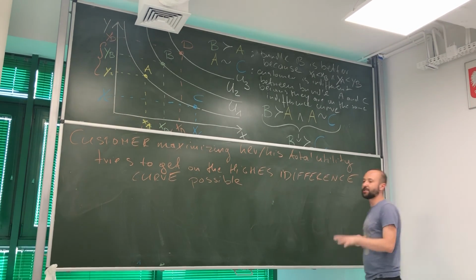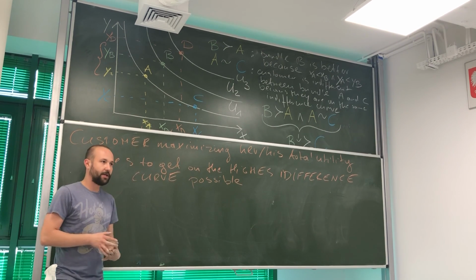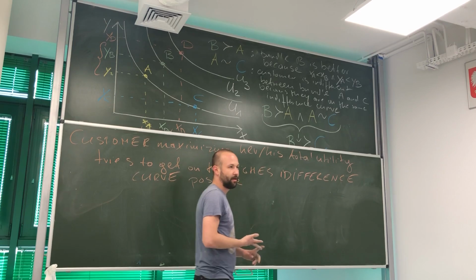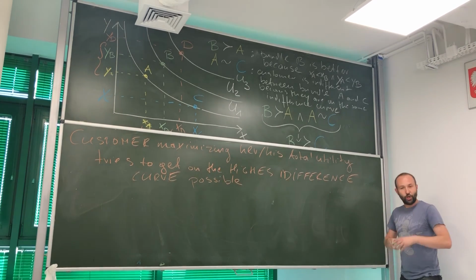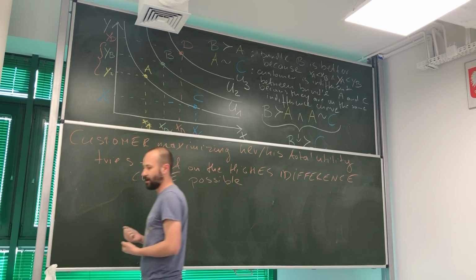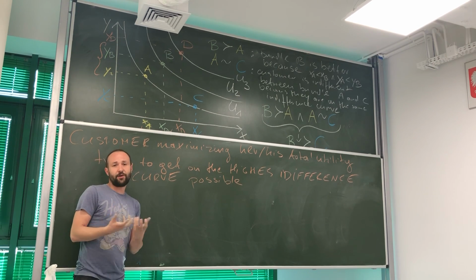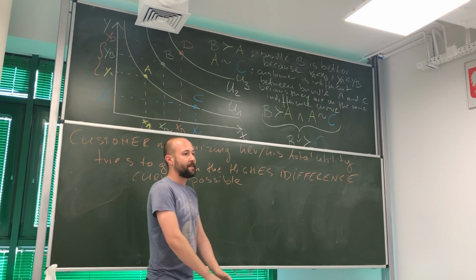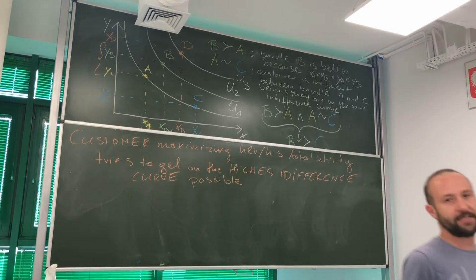How will the customer decide what to buy given budget and prices? To solve this issue, we're going to use the Lagrange multiplier that we reviewed a couple of videos ago. And then we're going to see what is the main cornerstone of the customer choice theory. Okay, see you in the next video.